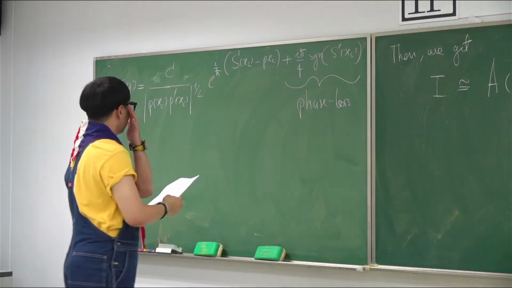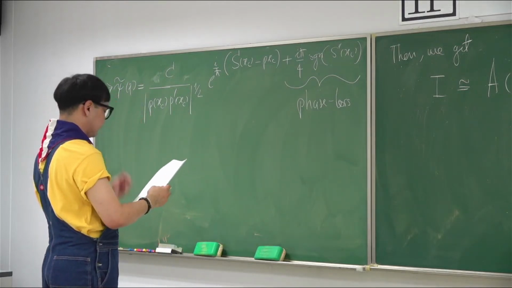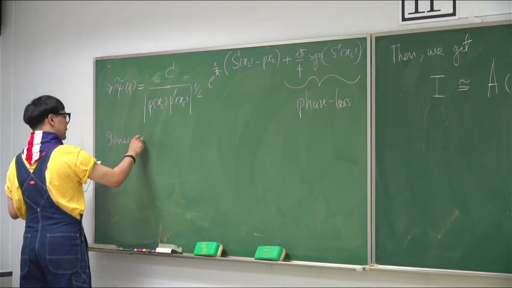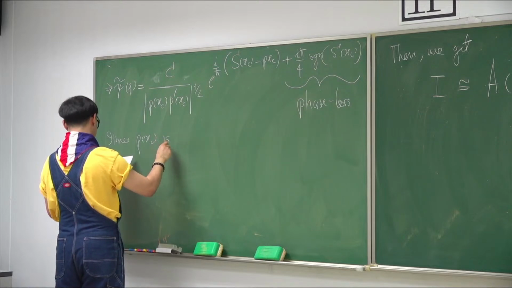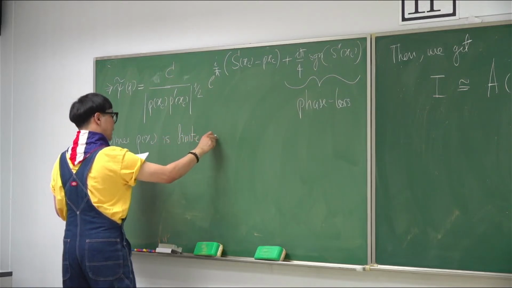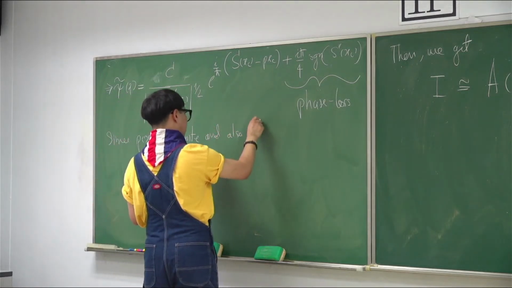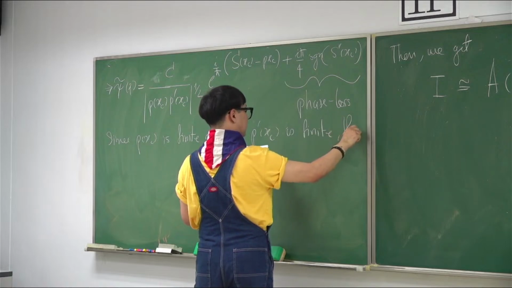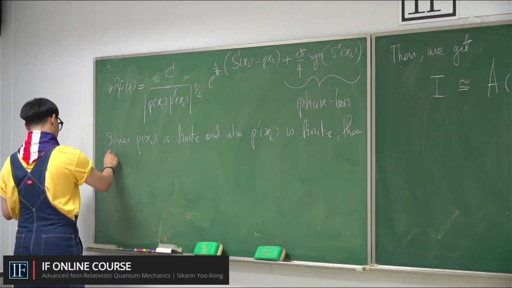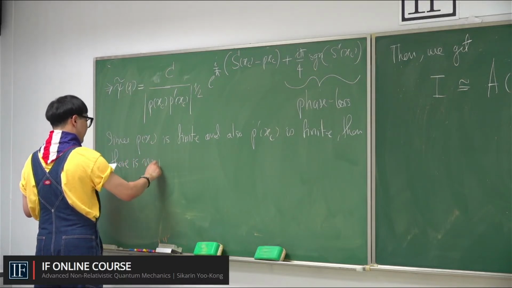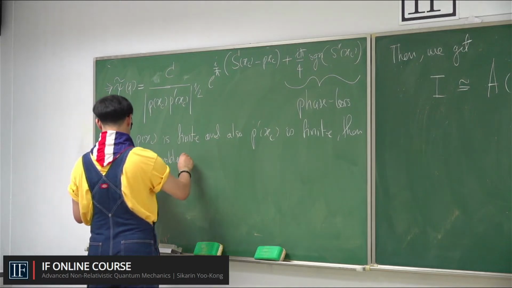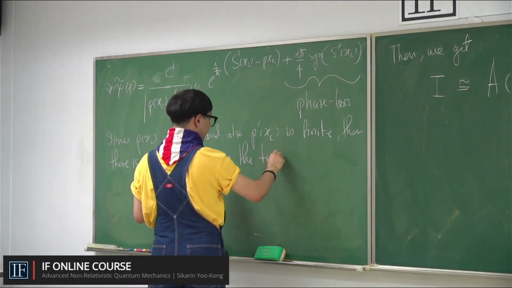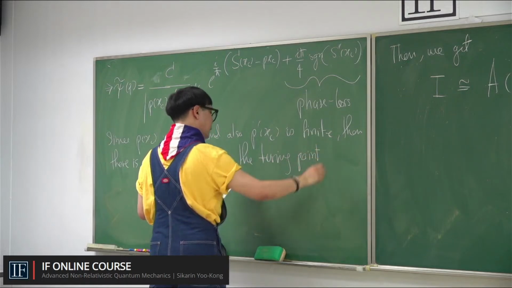Okay. And since this PC is finite and also is finite, then there is no problem passing the turning point x minus.